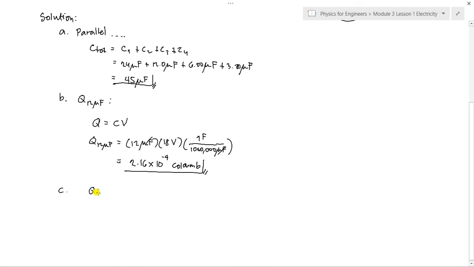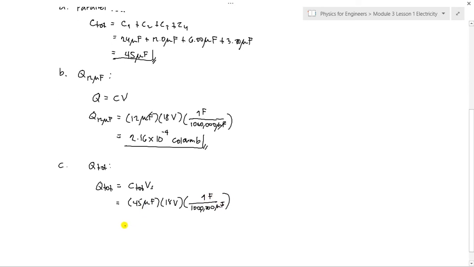So Q total. Since we already know C total and the source voltage, we can say that the Q total is just equal to C total times the voltage source. So C total is 45 microfarad times 18 volts, and convert microfarad into farad. 1 million microfarad is 1 farad.